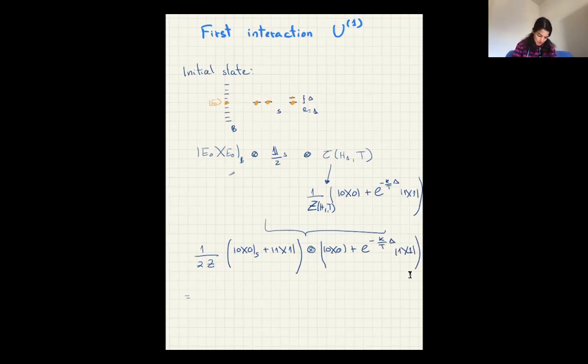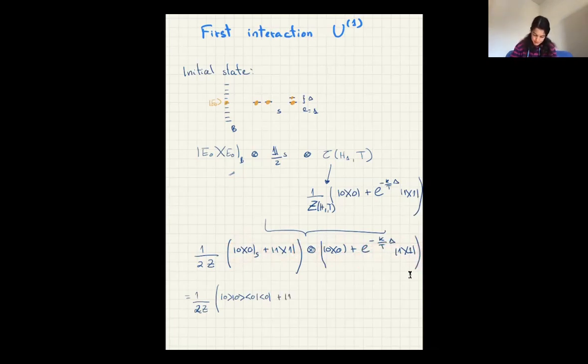So this gives us 1 over 2Z. And now we have 0, 0. Okay. So that's this term with this. Now let's do this and this, because this is the other term that we don't care about.